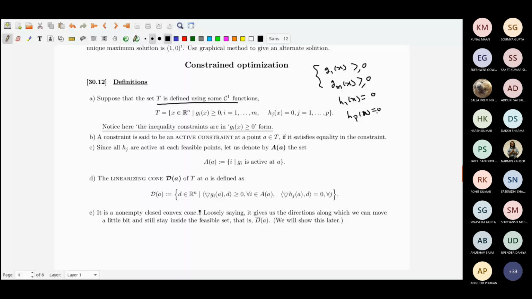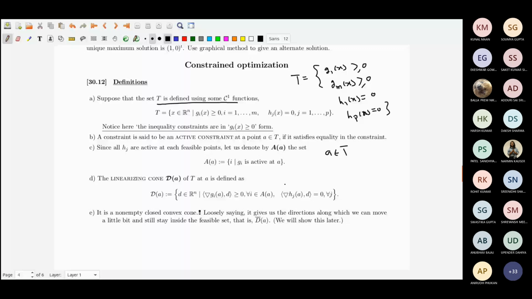Fine, no problem. You want to define T this way, so fine, I do not have a problem. Given any point A in T, you check which of the inequality constraints. The equality constraints, of course, H1(A) will be 0, HP(A) will be 0, that's fine.